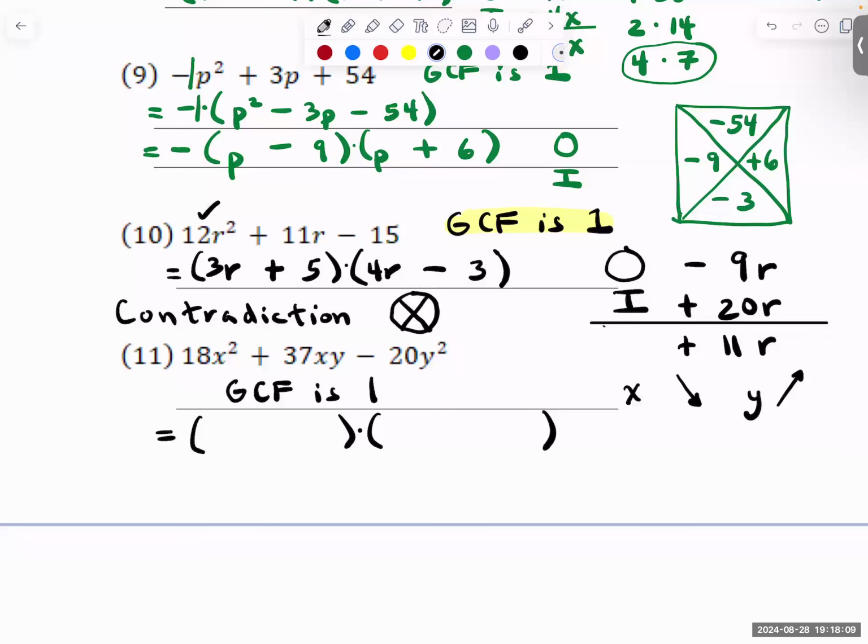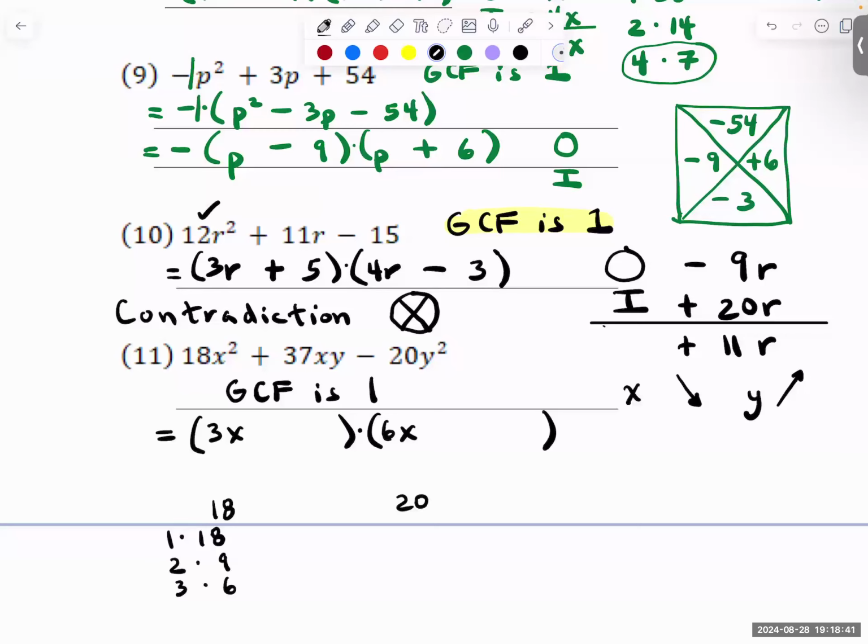starting with 18. 18 is 1 times 18, 18 times 1, 2 times 9, 3 times 6. So let's first try in this trial and error method, 3 times 6, or 3x times 6x. Now we go to 20.